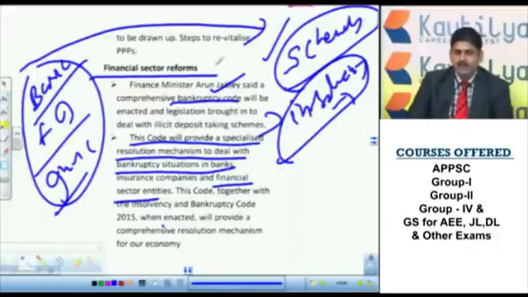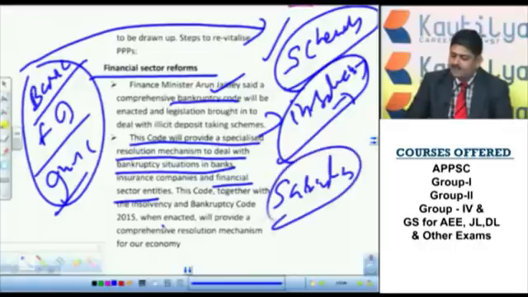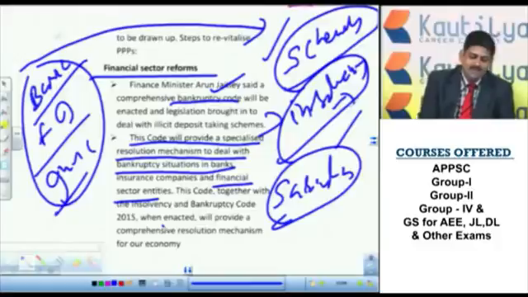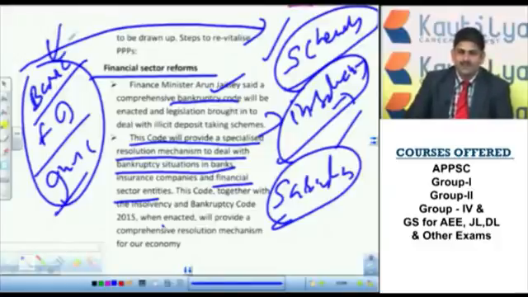If you remember what happened in the Sharada scam in West Bengal, the poor man got affected. In order to protect the poor man, or a salaried person who purely depends upon his salary and saves his amount for future purposes, he should not be deceived. That is the reason why the government wants to introduce this code.